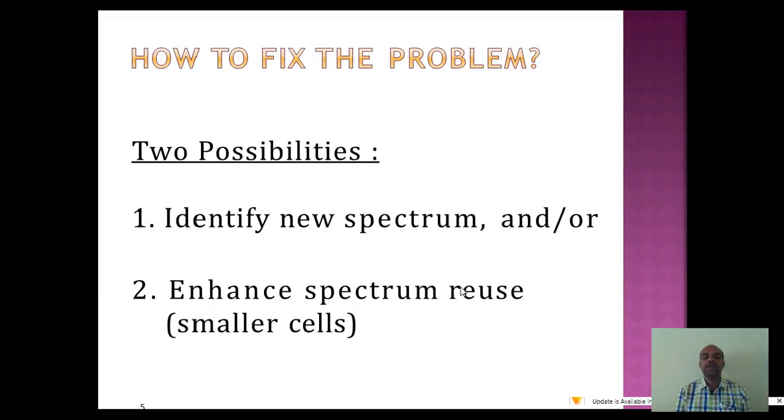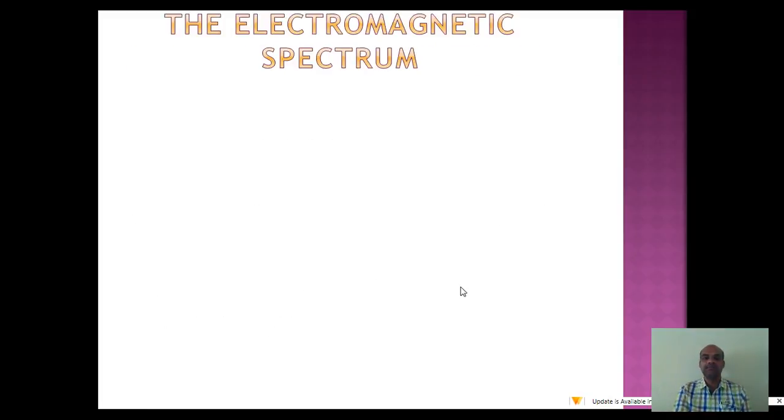That is, we need to divide the existing spectrum into smaller cells. But it is not possible to divide more. Even if we divide more, we cannot sustain the Wi-Fi system for more than 2 to 3 years. So that's why it is better to have a new spectrum.